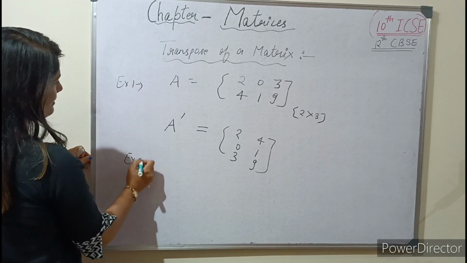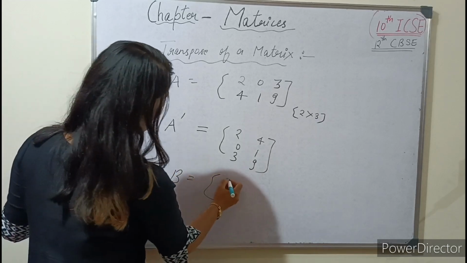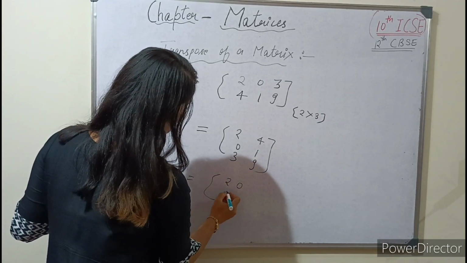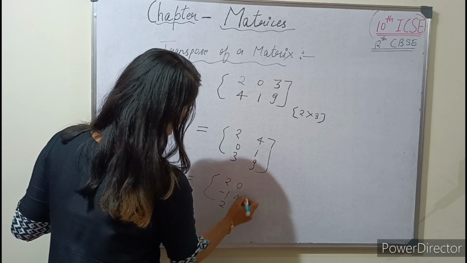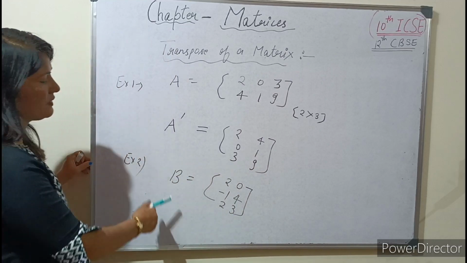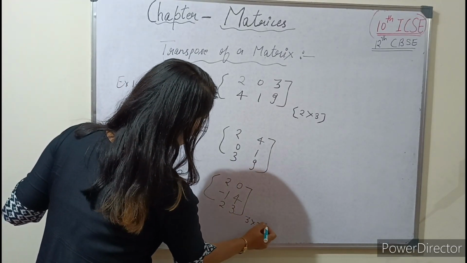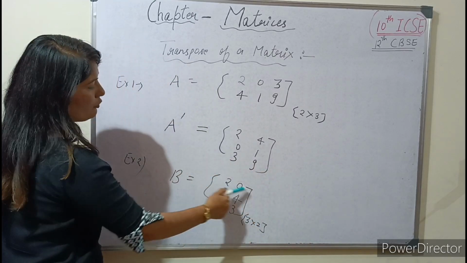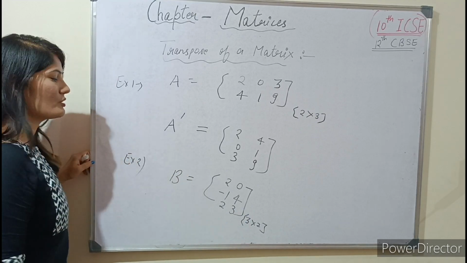Now if I take one more example, suppose B is a matrix, this is 2, 0, minus 1, 4 and this is 2, 3. You can see B is a matrix of order 3 cross 2, right, because the number of rows is 3 and the number of columns is 2.